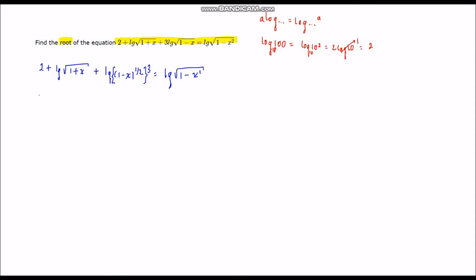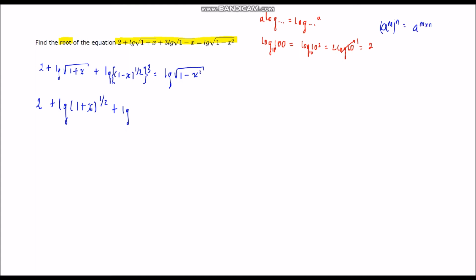So let's continue. I'm going to rewrite this as, I'm going to write a little bigger, log of 1 plus x power half plus log of, I'm going to multiply it inside because the rule is if you have a m power n, it's the same thing as a m times n.